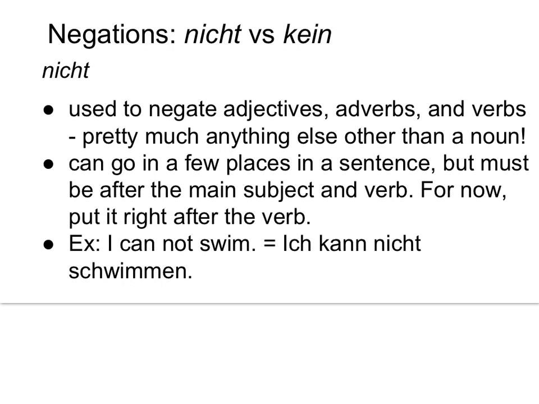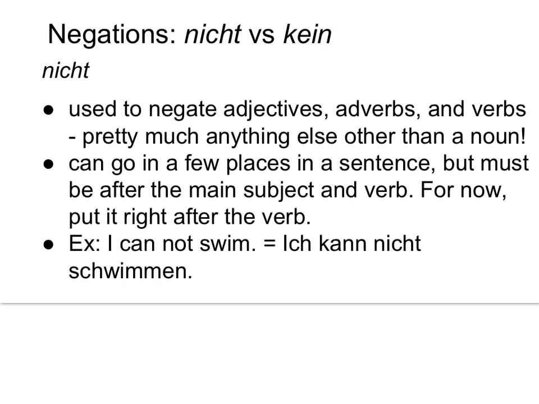Or a verb. So if you're going to say that you don't do something, which is how you've been using it so far. So, ich kann nicht schwimmen. Okay? You can't swim. So you can use nicht to negate anything pretty much other than a noun. Nouns you use the kein word. Nicht can go in a few different places in the sentence depending on what exactly you're trying to negate, but that's kind of a complicated thing.